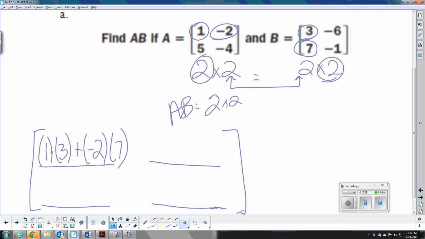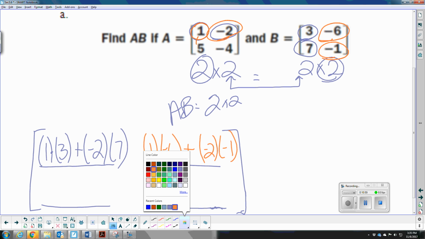Okay, now my second column, I have 1 times negative 6 and negative 2 times negative 1. And I'm moving across rows in the first one and down columns. So 1 times negative 6 plus negative 2 times negative 1.